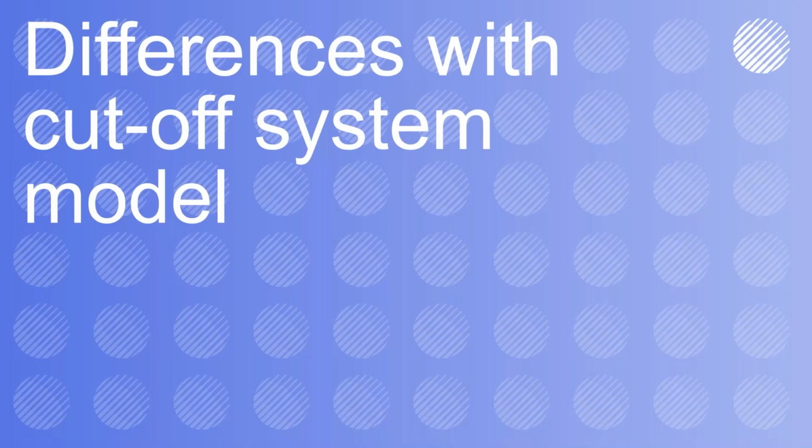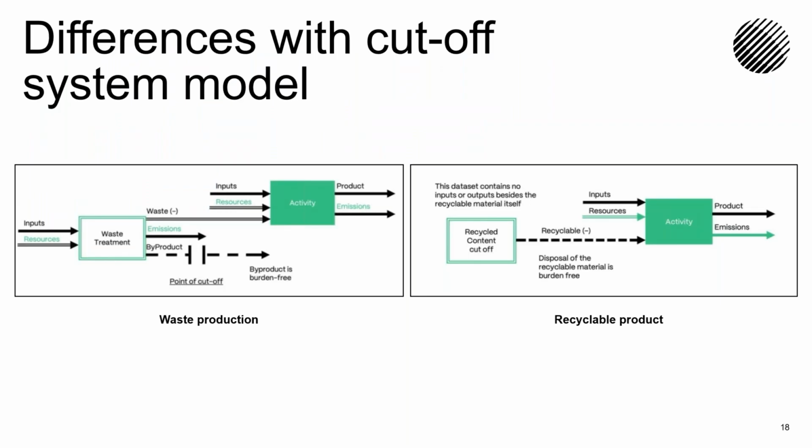Now, let's talk about in practice the differences between a cutoff system model and the EN15804. As we have seen before, in the cutoff system model, we have an activity. The moment this activity produces a recyclable product, then the cutoff point is exactly at the recyclable production.